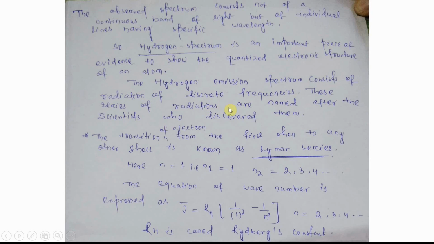These series of radiations are named after the different scientists who discovered them. We have to discuss 5 series of the hydrogen atom.